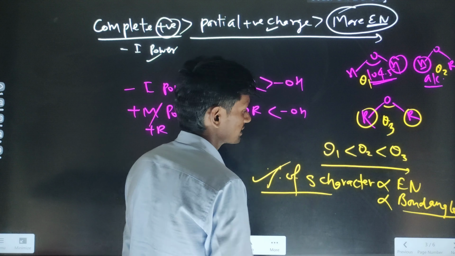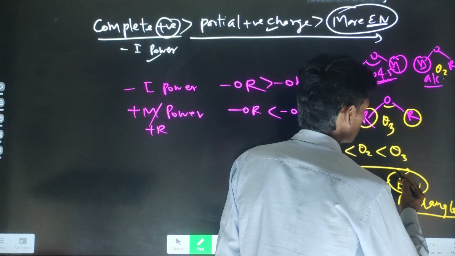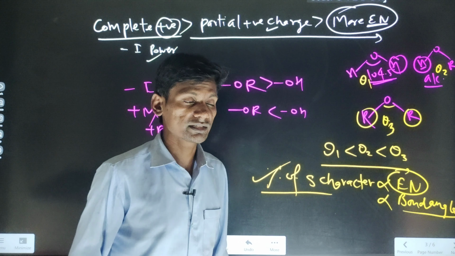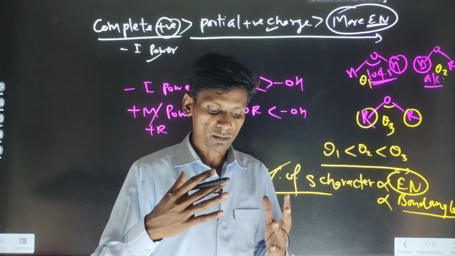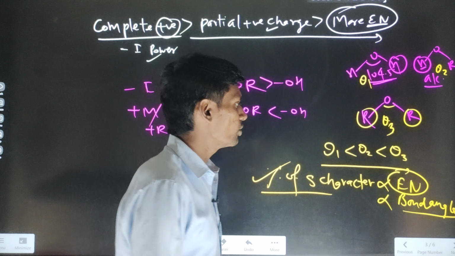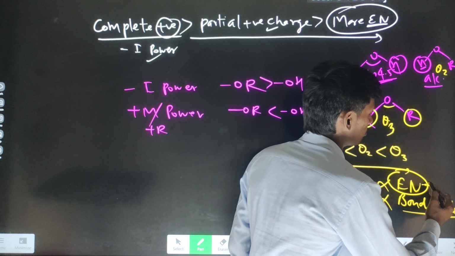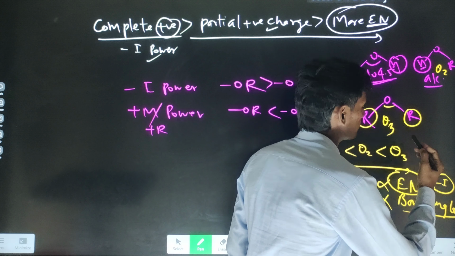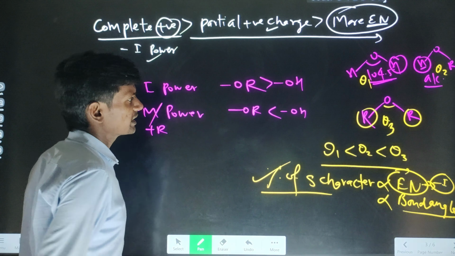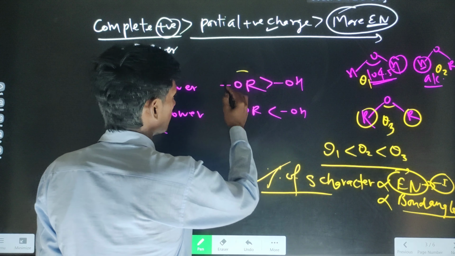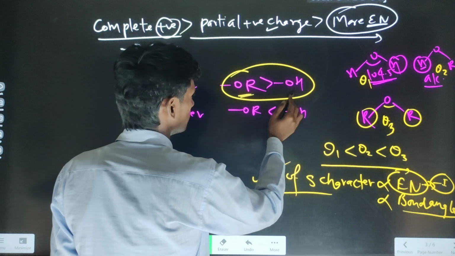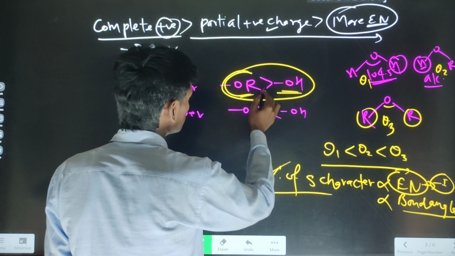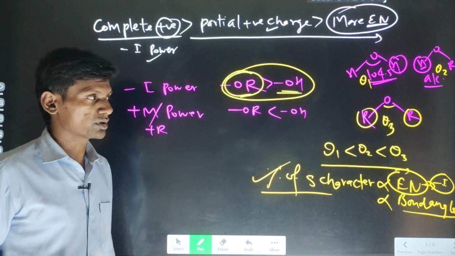If percentage of S character is more, then electronegativity is more, and that's why the group which has more bond angle has more EN and more minus I power. So in this way, between alcohol and alkoxy group, the alkoxy group has more minus I power.